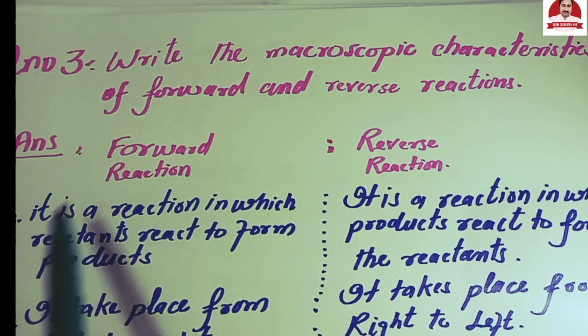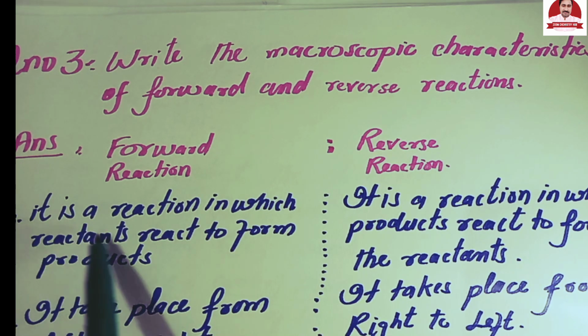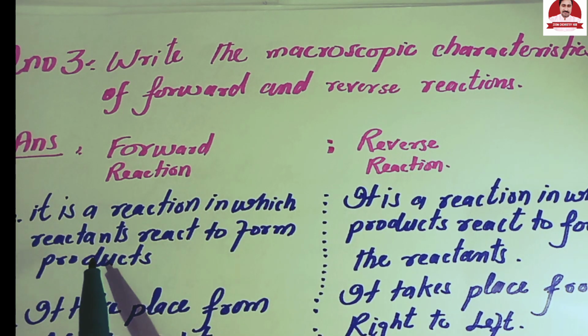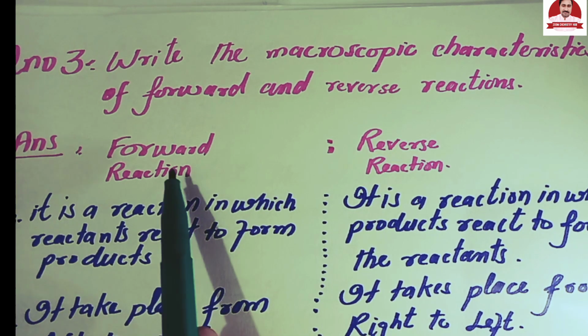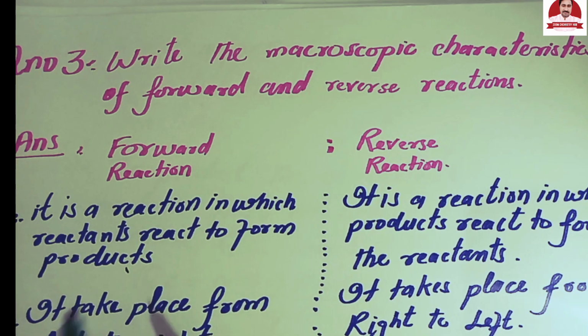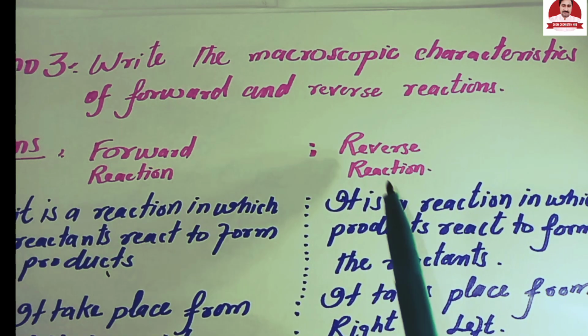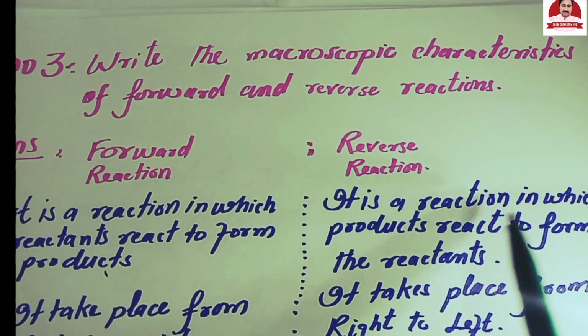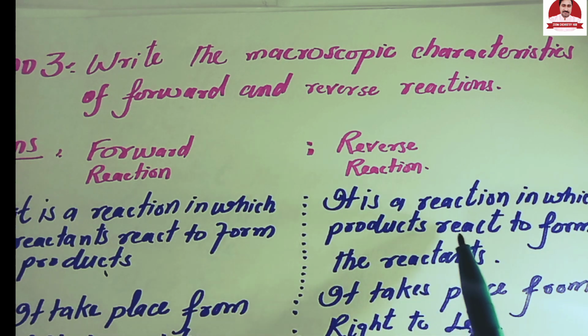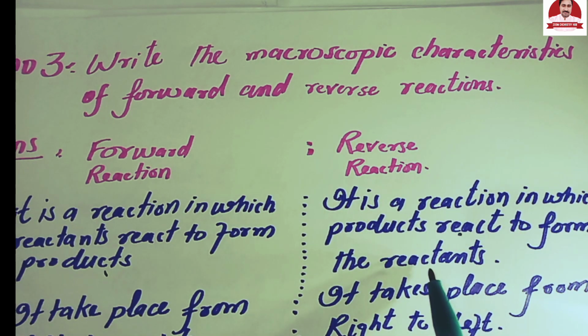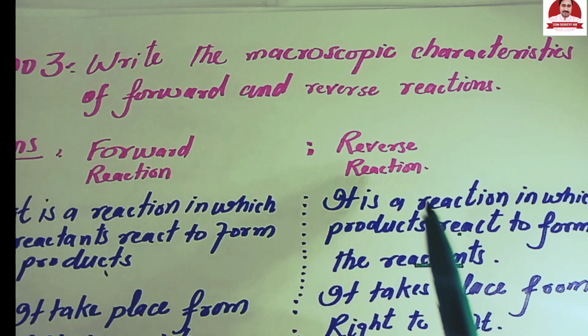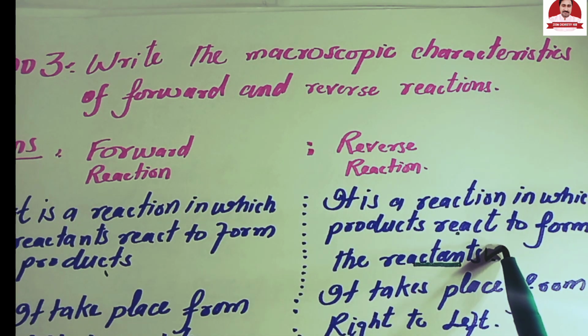First point, the forward reaction is a reaction in which reactants react to form product. In the forward reaction, product is formed. While the reverse reaction is a reaction in which product reacts to form the reactant. In the reverse reaction, reactants are formed.